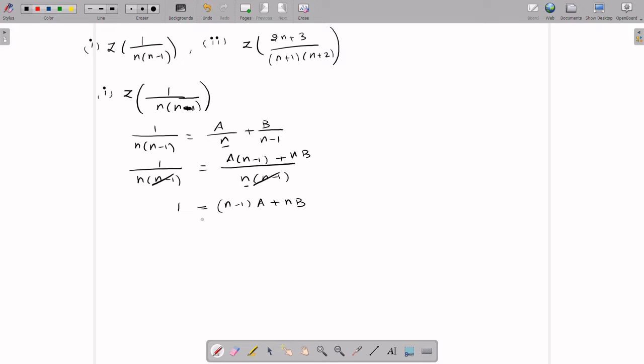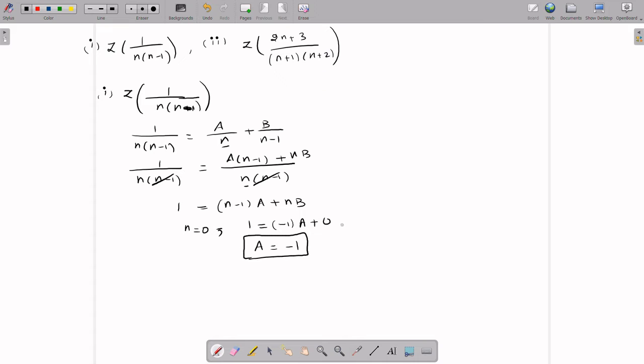Here we have to find out the values of a and b. When finding a and b, you have to give values for n. When you substitute n is equal to 0, this term becomes 0 and you get the value of a easily. So put n is equal to 0, then 1 is equal to 0 minus 1, that is minus 1 into a, plus this term becomes 0, so a is equal to minus 1.